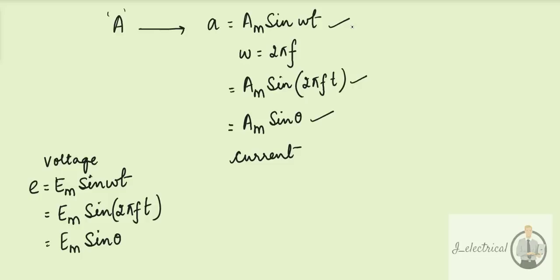Only thing is, whenever I am using omega t, I am referring to the angle in radians, whereas when I use theta, I am referring to the angles in degrees. Similarly, for current, I can write small i is equal to Im sine omega t.